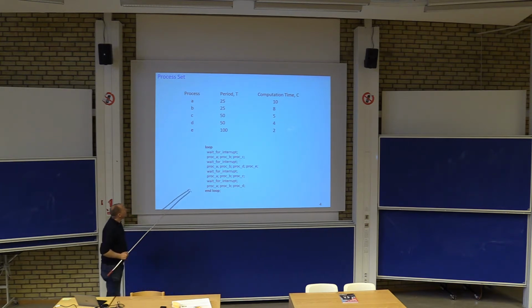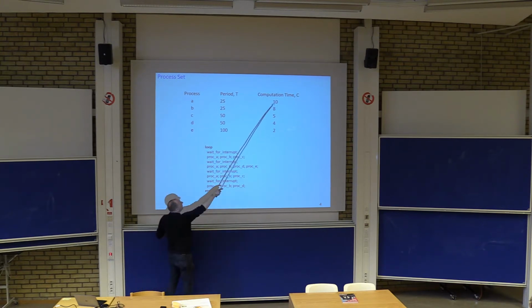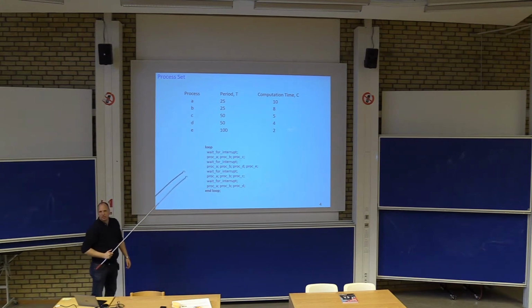Here is one way to do it. Let's say we wait for an interrupt, which means we get an interrupt every 25 milliseconds. The first time we execute A, B, and C. That will be 10 plus 8 plus 5, so it will take 23 milliseconds, which is less than 25.